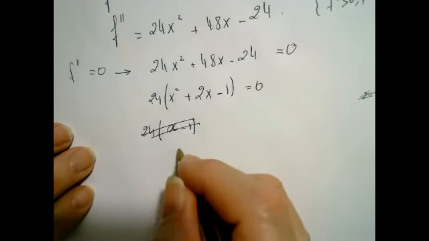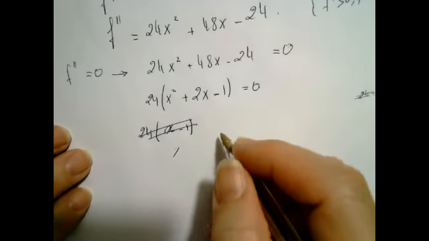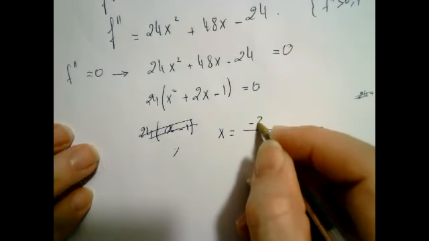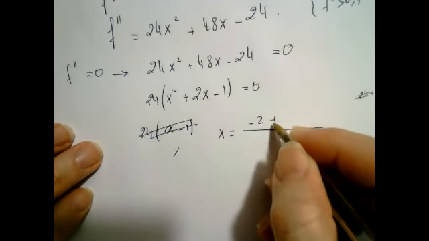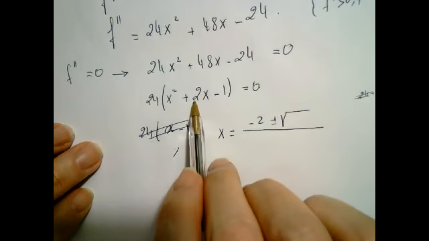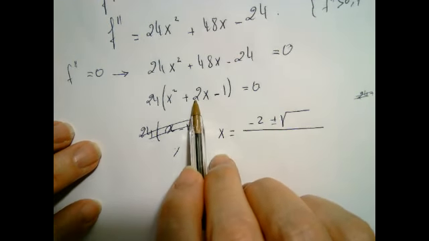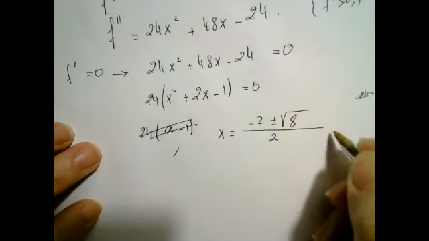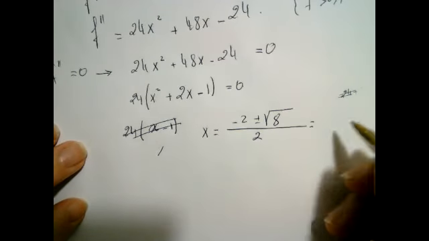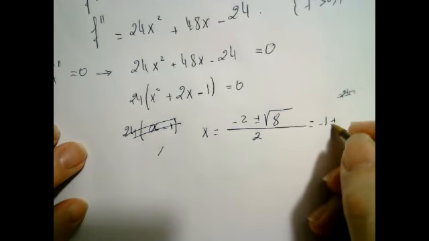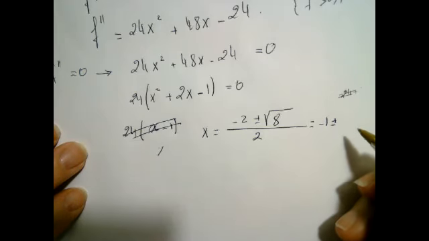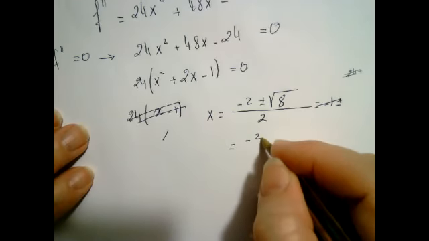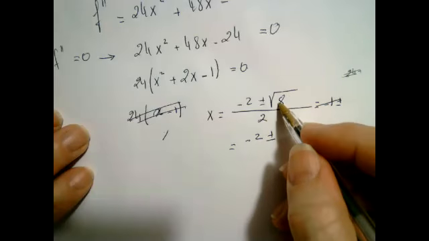So we have to use the quadratic formula, which is minus 2 plus or minus the square root of b squared, which is 4, minus 4ac, plus 8, over 2. So if we do the math, it means minus 2 plus or minus the square root of 8.